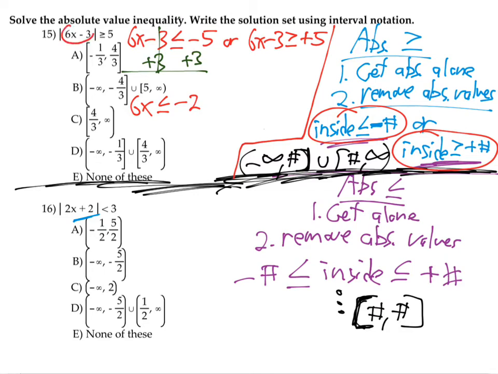So I just grab the inside, and I do the first one less than the negative number, and the second one greater than the positive number. And then divide by the 6. So x less than or equal to, and that's just -1/3, isn't it? And then on the other side, add the 3.